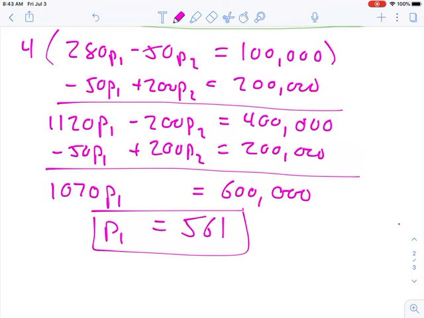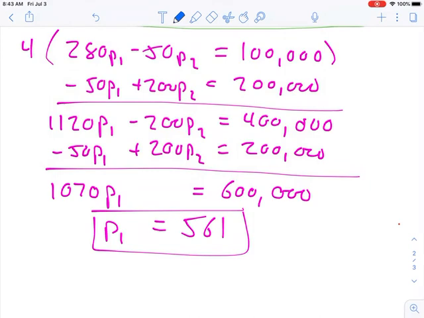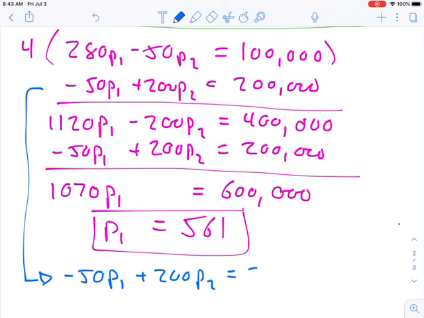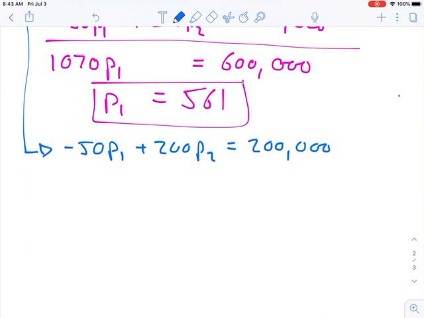Well, only one more step to find out what P2 is. Let's go back to one of our equations. Let's take this one. It's as good as any. So we have minus 50 P1 plus 200 P2 is equal to 200,000. And substituting in 561, negative 50 times 561 plus 200 P2 is equal to 200,000.